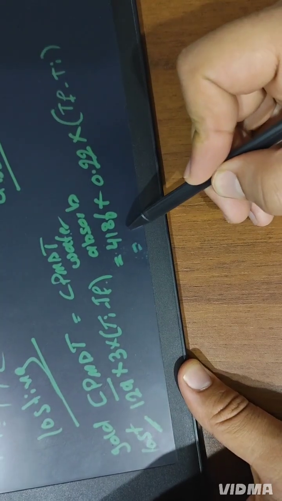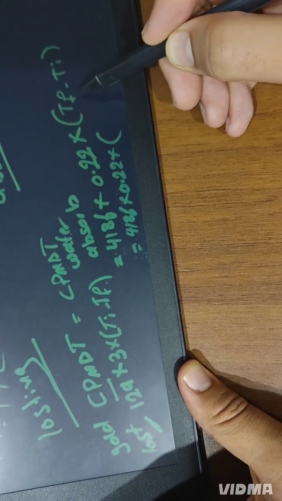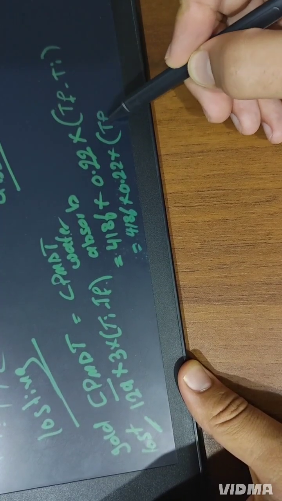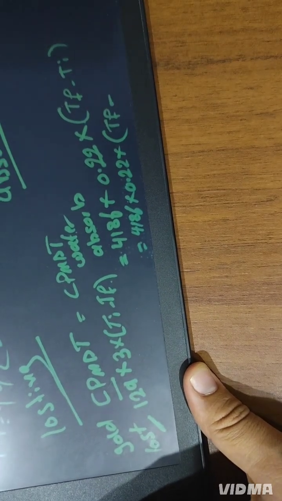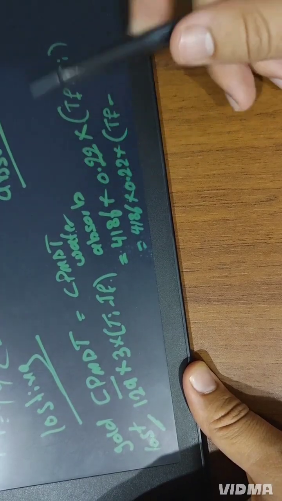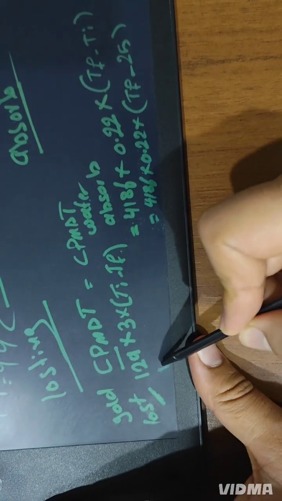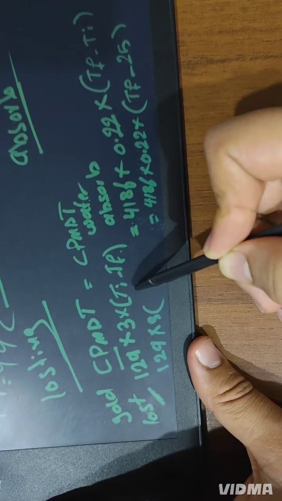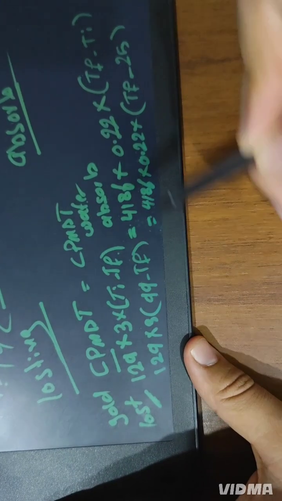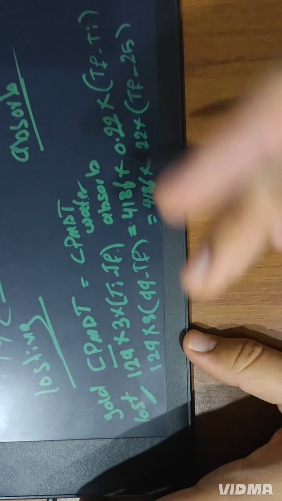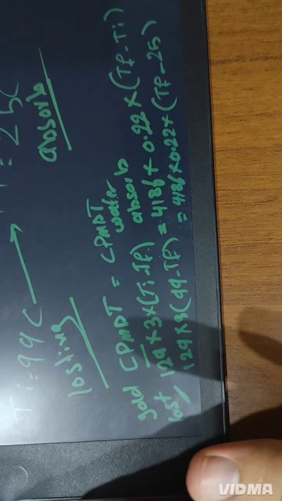So 4186 times 0.22 times, we have to find this Tf, right? Tf minus the Ti of the water, it was 25. What about in here? 129 times 3. Ti of the gold, it was 99 minus Tf. So in here we have to arrange this equation to find this Tf.